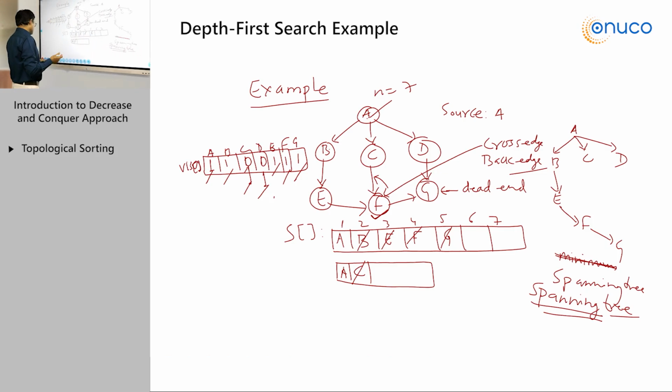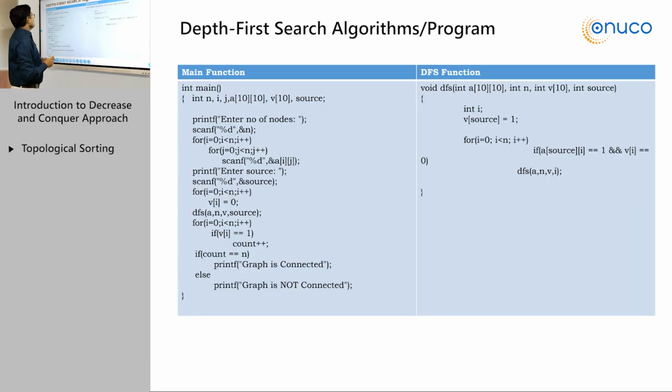So let us see how the algorithm works for this. Let us see this particular program, or example, you can call it an algorithm or program. So this is basically a program, so you can understand it in a better way, and you already know the C concepts and DS you have studied.